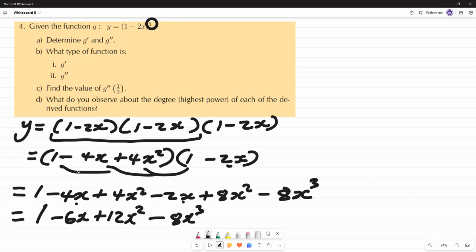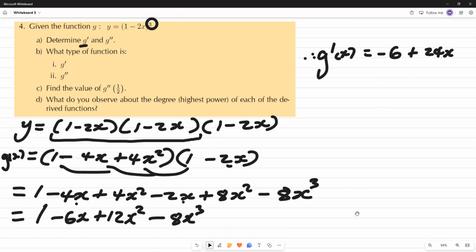Then once we are there, we can easily see that therefore g prime of x, remember this is basically g of x, this is y, which is g of x, right? So they want us to get the first derivative of that, which is simple. The derivative of a constant is 0. Here we get negative 6. Then here we get plus 24x.